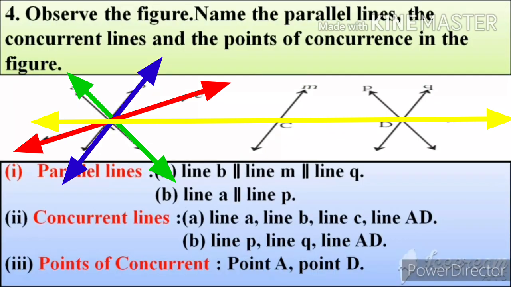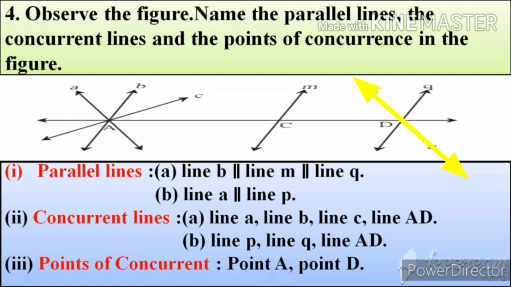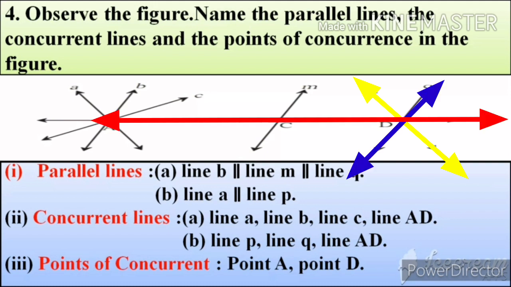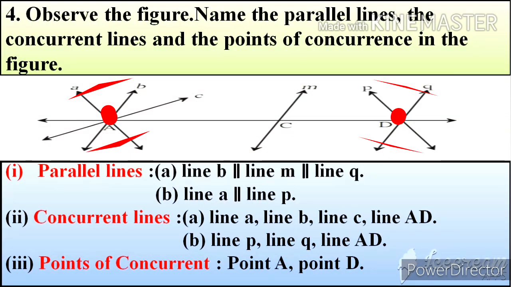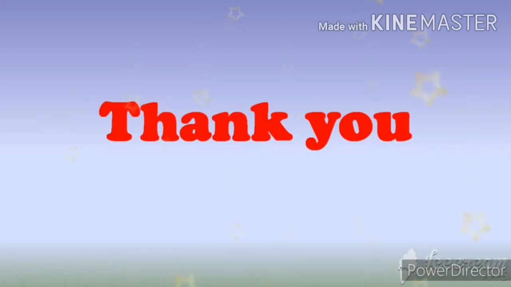Second is line P, line Q and line AD. Now student, points of concurrence. Point A and point D are the points of concurrence.